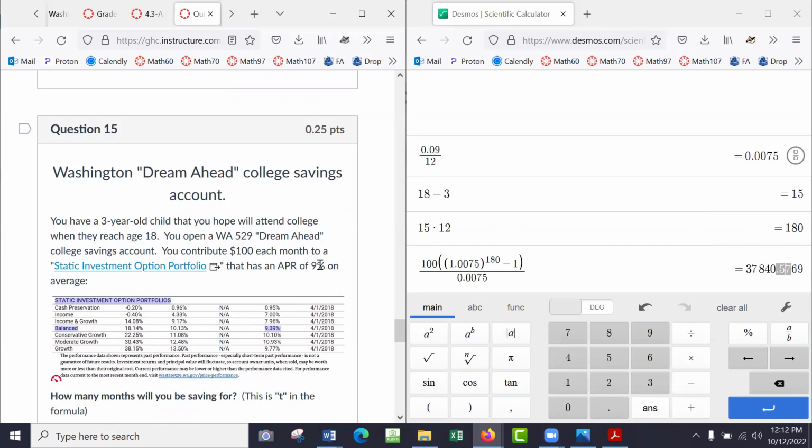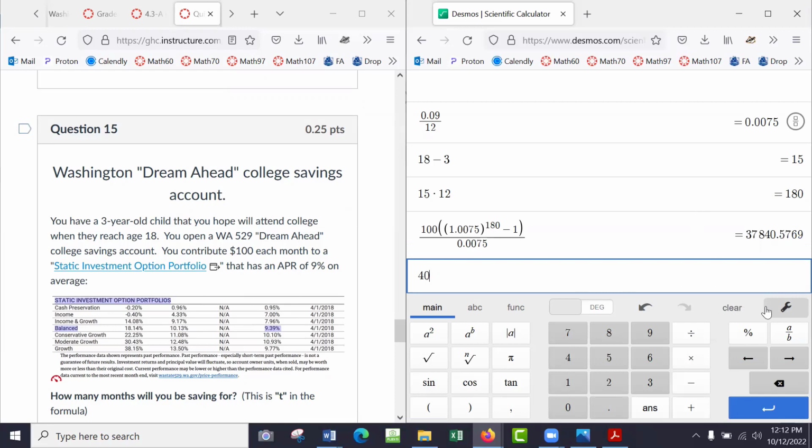You don't know it's going to be 9% a year. That's just an estimate, right? So to the nearest cent is crazy, to the nearest dollar is crazy, to the nearest thousand is still a bit off. We should really probably round it to the nearest 10,000. That would make the most sense, and just call it 40,000. It's going to be about $40,000. So that's what I would do.